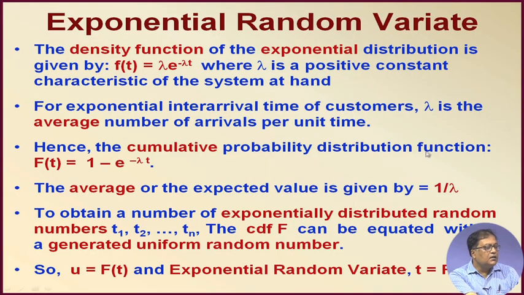Exactly that is written here: the average is 1 by lambda. To obtain exponentially distributed random numbers, the CDF F can be equated with u or r as the case may be. So, given a generated uniform random number, the exponential random variate is F inverse of u.